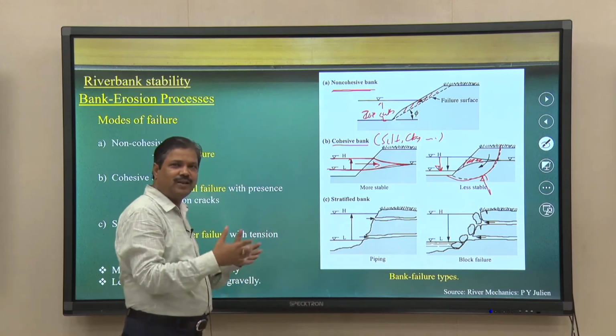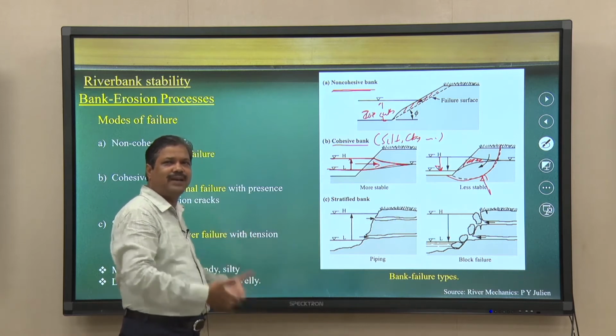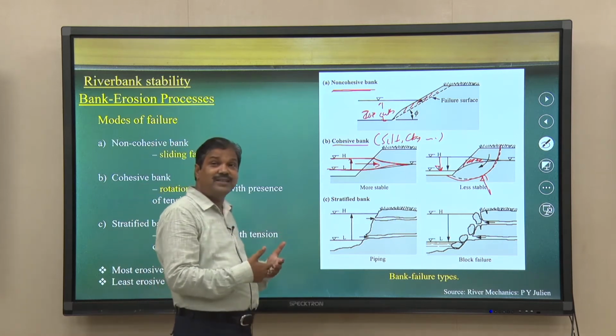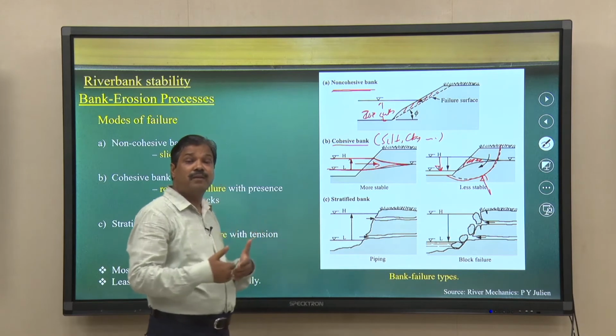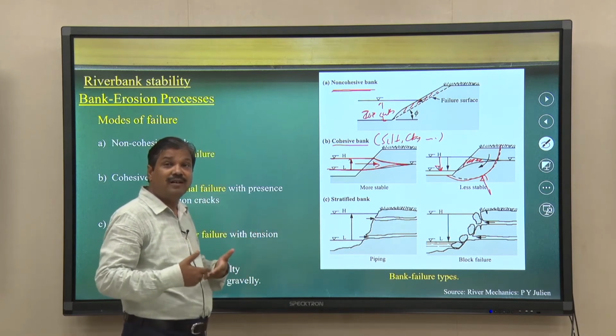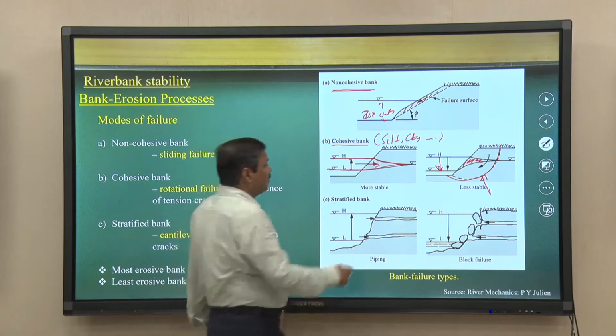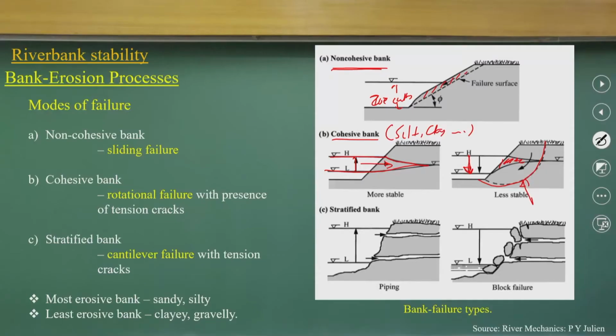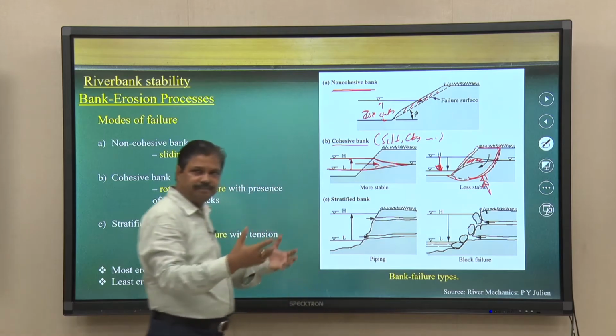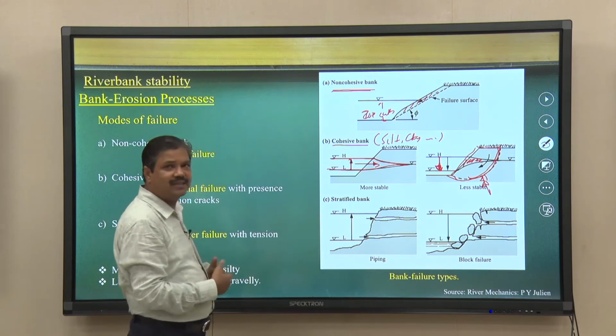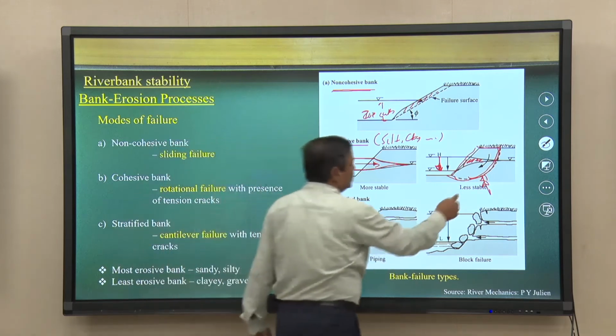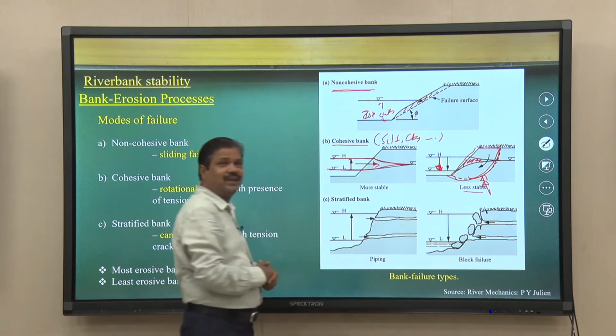So, you try to now understand it, bank failure like landslide problems, and that is during the receding phase of the floods, not the rising phase of the flood, because when the flow depth decreases, in that period this process happens. The saturated mass gives additional weight to this block, and as we know from landslide failure mechanisms, exactly the same thing happens, less stability and rotational failures happen.